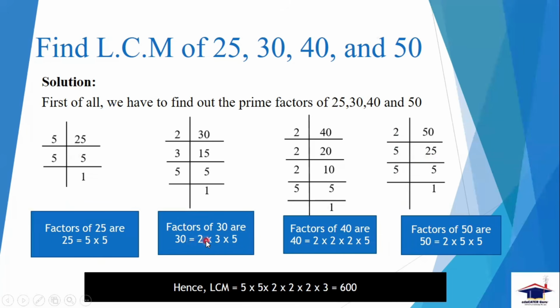Then 2 has repeated thrice in number 40. While finding the factors of 40, it has appeared 3 times. So we have to consider 3 times 2. So it becomes 5 into 5 into 2 into 2 into 2 into 3, which is 600. So the least common multiple among 25, 30, 40 and 50 is 600.